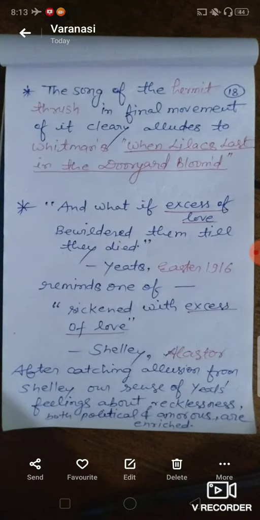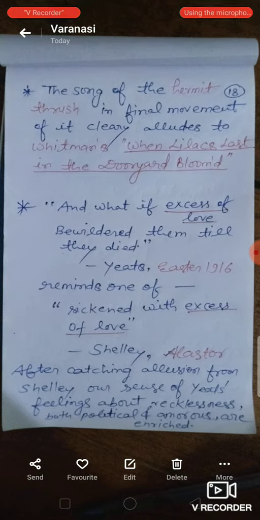See, for example, when we talk of the song of the hermit thrush in the final movement of The Wasteland, there we find the description of a hermit thrush, and that clearly alludes, even though Eliot did not accept it, but it is a fact, to Whitman's When Lilacs Last in the Dooryard Bloomed.